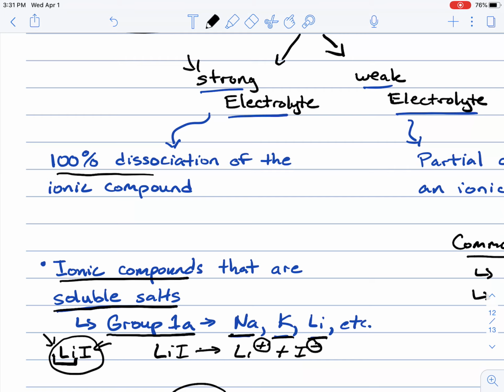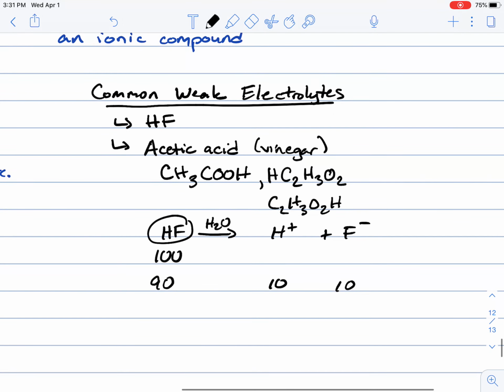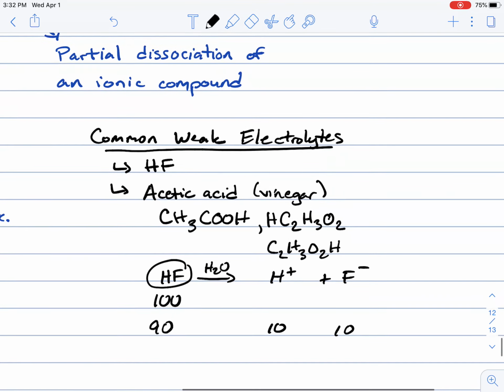If you have 100 lithium iodides and you put that in water, you get 100 lithium ions and 100 iodide ions. So you get a full dissociation. You don't have any of your reactant left, you only have your products. Whereas for a weak electrolyte, or partial dissociation, you have some product, but you still have a majority of your reactants left over.